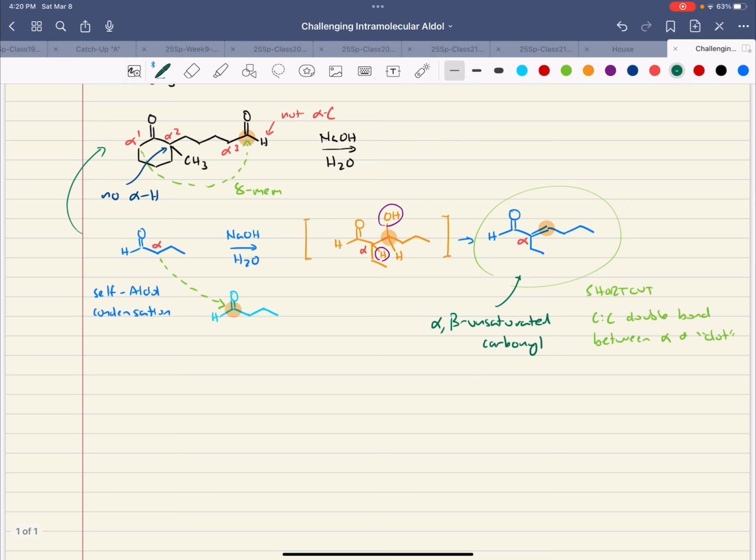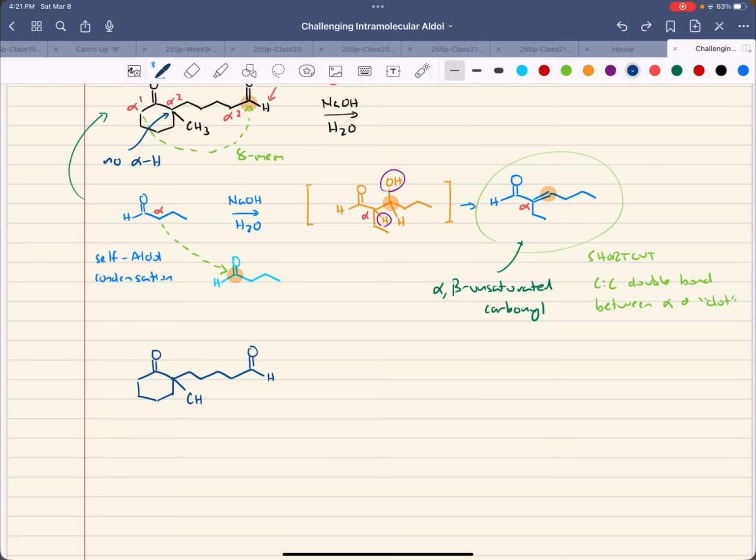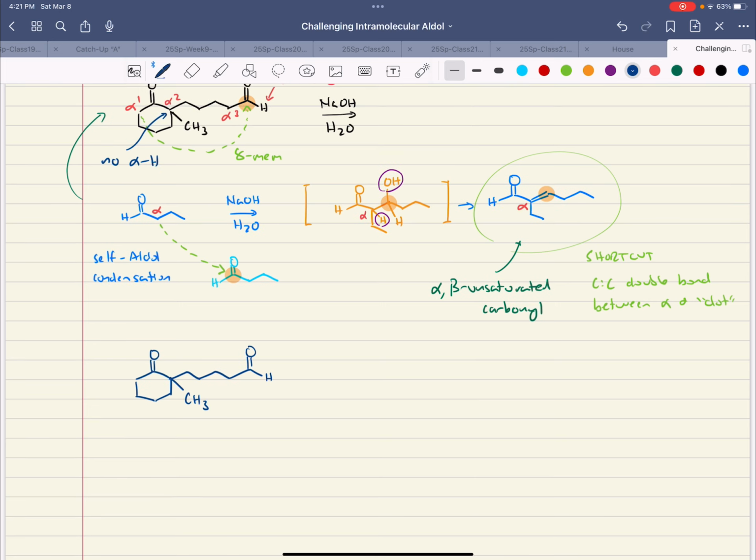Okay. Again, I'm not going over the mechanism. I am just trying to find a shortcut to draw this product. Okay. So let's tie this up. Here is your starting material for your potential aldol condensation product.